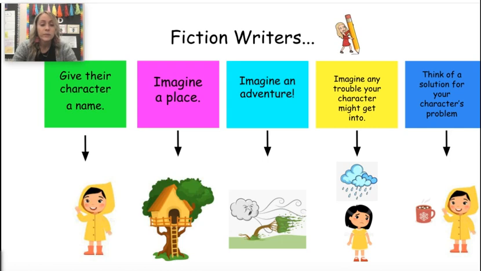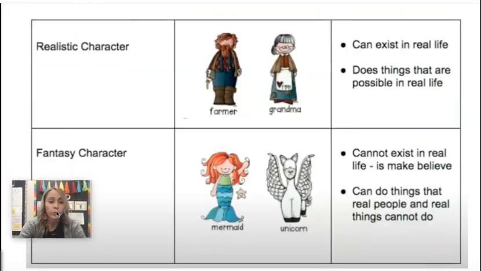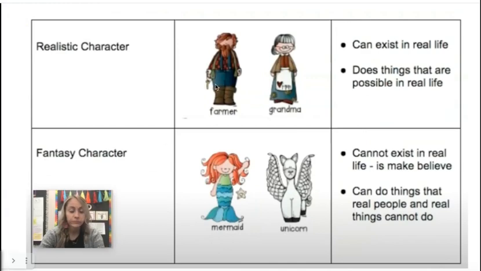They wrote a story about a little girl who was in a tree house during a stormy evening. So realistic fiction can have characters that exist in real life, like a grandma or a farmer. And things in these types of stories are possible to happen in real life.